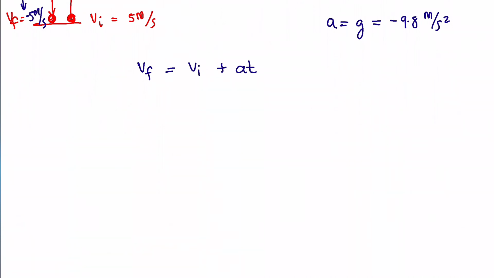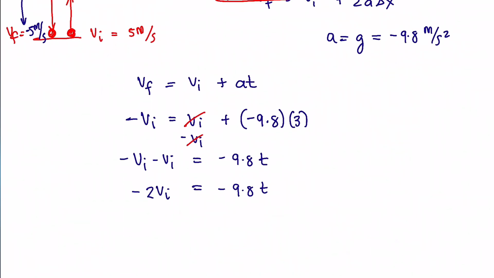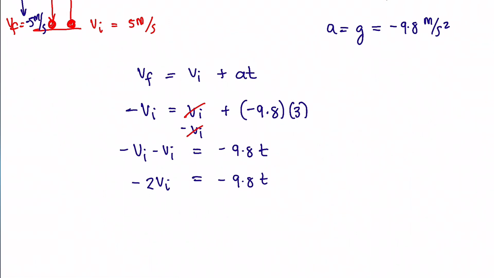My VF is equal to the negative of VI, so instead of writing VF, I will have negative VI is equal to VI plus my A, which is negative 9.8, and then I substitute T with 3.